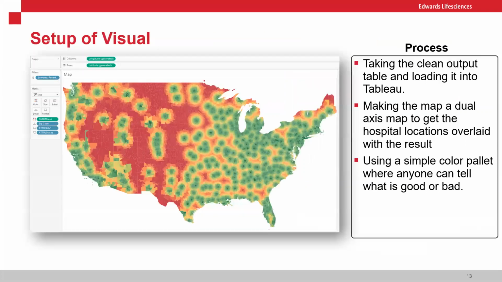What that then leads up to is setting up the visual, which is as simple as dropping it in Tableau and color coding it simply, so everyone can see whether it's good or bad. I just did red and green for close, and you can start to overlay some information onto it.